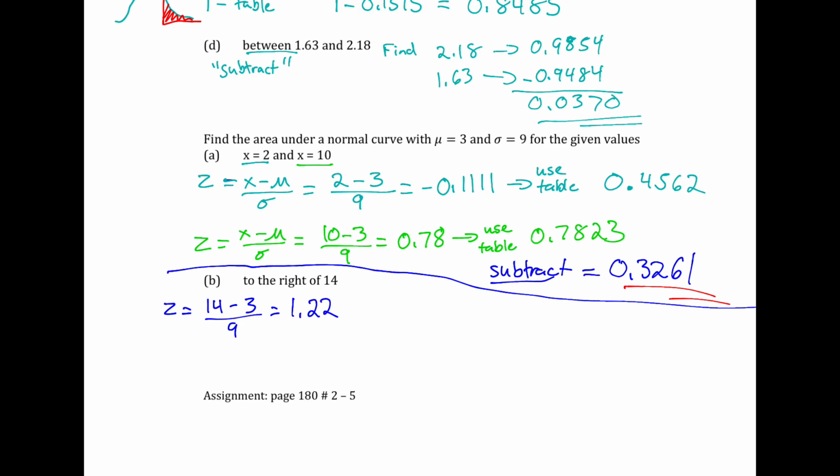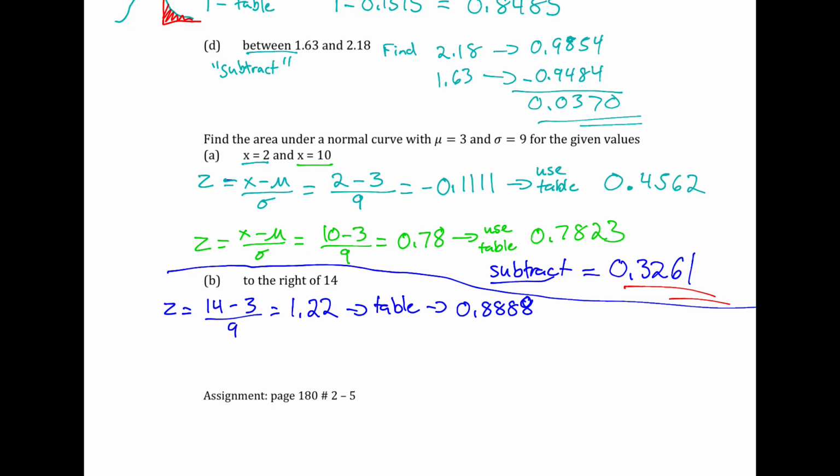Now we go table. 1.22 on the table is all 8s, 0.8888. Great.